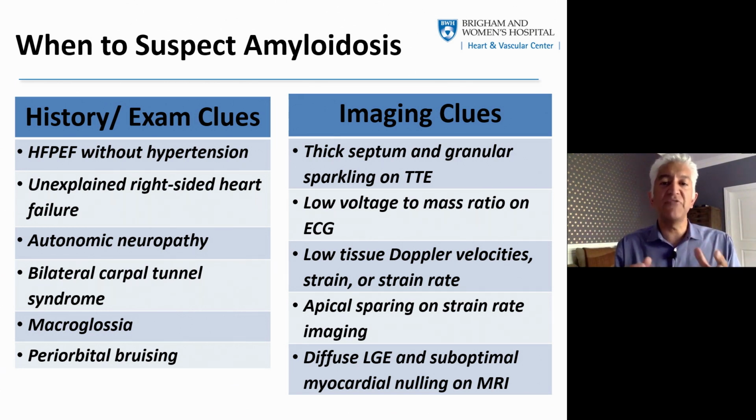On imaging, you want to identify that patient who has the discrepancy between low voltage on the ECG and a large mass on imaging. That voltage to mass discrepancy is a big clue for amyloidosis. And then there are a lot of other imaging clues that are listed on the slide, including specific findings on echo and MRI that you should think about.